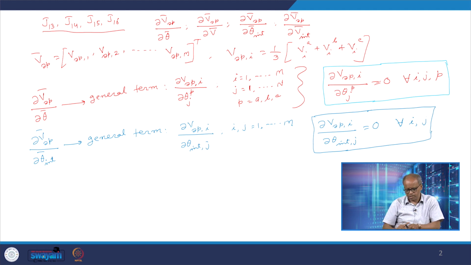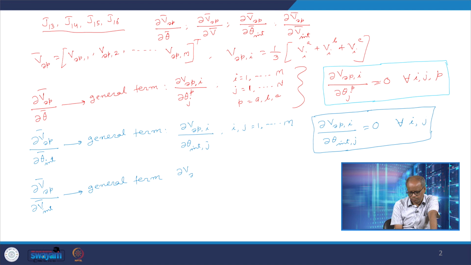Then let us look at this matrix, del V specified by del V internal. The general term is del V specified I by del V internal j, where I, j is equal to 1 to m.